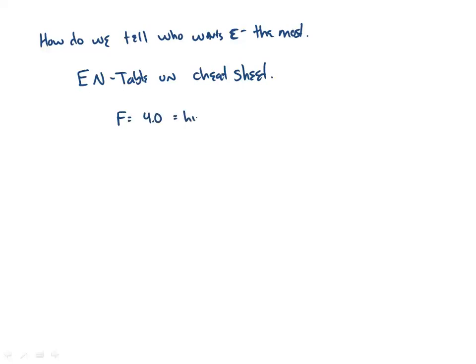That's the highest, and it wants electrons the most. Somewhere down in the left corner, you'll have cesium. I don't even remember what value it has, but if that's the lowest, it wants electrons the least. And so what we're going to do is use electronegativity to determine which atom wants more of the electrons than another atom.